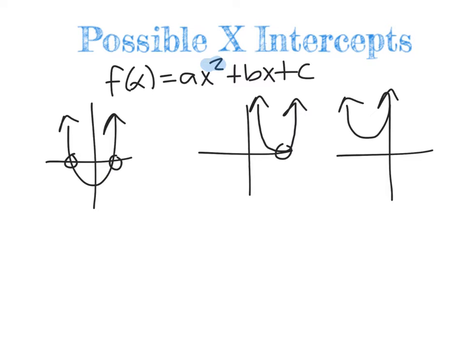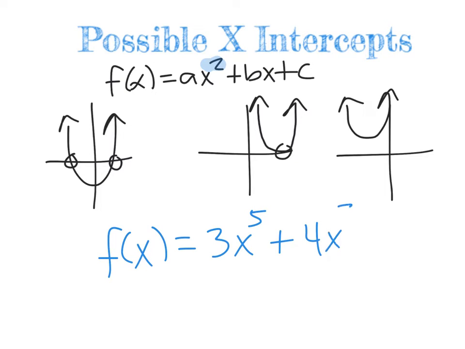So, as an example, if we're dealing with a polynomial that looks like this, the highest exponent that we're dealing with here is to the 5th power. This is the degree of the polynomial. Therefore, the maximum amount of x-intercepts possible is 5. Maybe it has less.